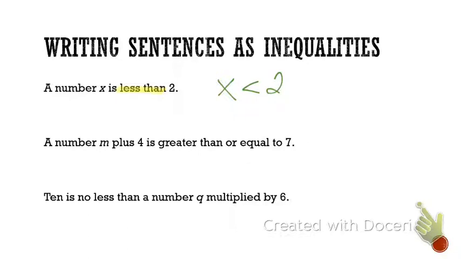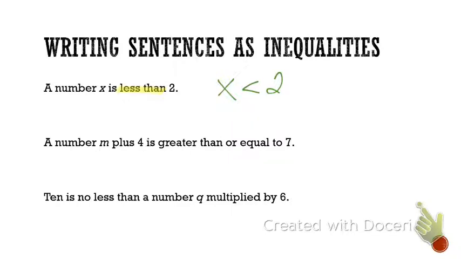So to tie it into what we just talked about, what number would be an acceptable value for x that would make this true? You should be thinking of a number less than 2, right? 1, 0, -1, -2. And to infinity, right? Any negative number would make that true. So that's what makes it an inequality. There's not just one number that makes it true.